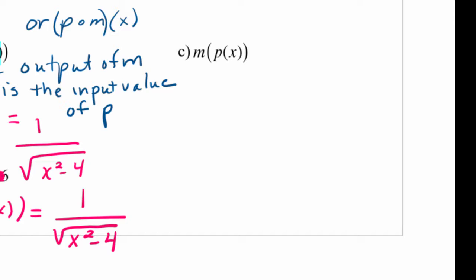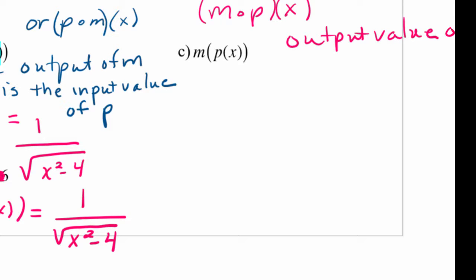Again, you'll either see m of p of x in this notation, or with the little open circle there. Another reminder that this does not mean multiplication. This time around, we're going to take the output value of function p, and it's going to become the input value of function m.